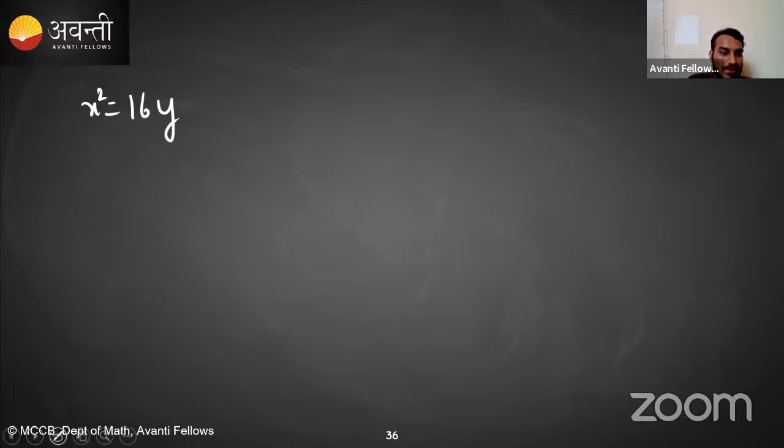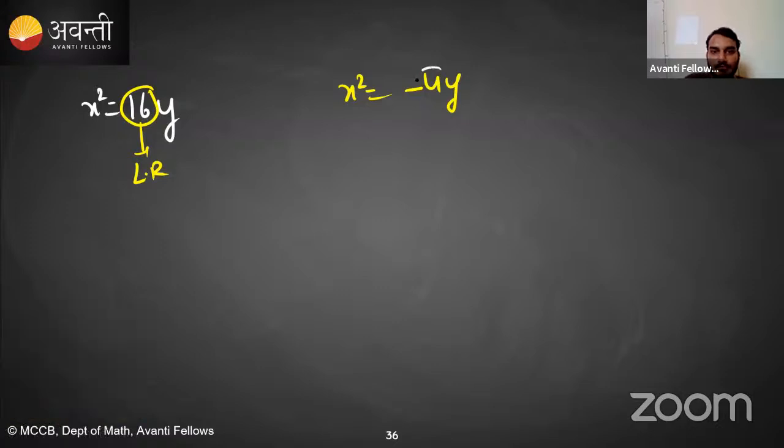So ये जो 16 दिख रहा है ना, this is representing the length of latus rectum. Okay, let's say x square is equal to minus 4y. So this 4 is the length of latus rectum. Let's say y square equal to minus 32x. So this 32 is the length of latus rectum.